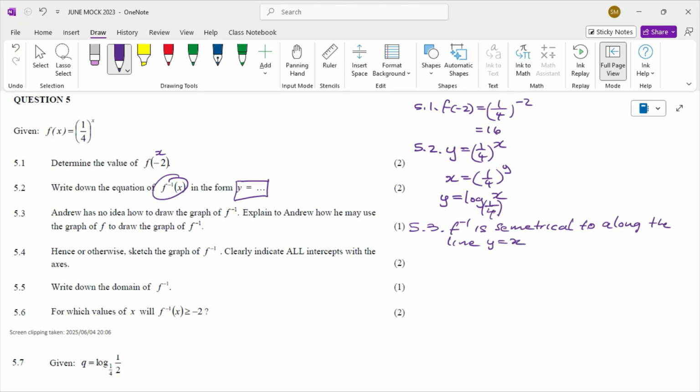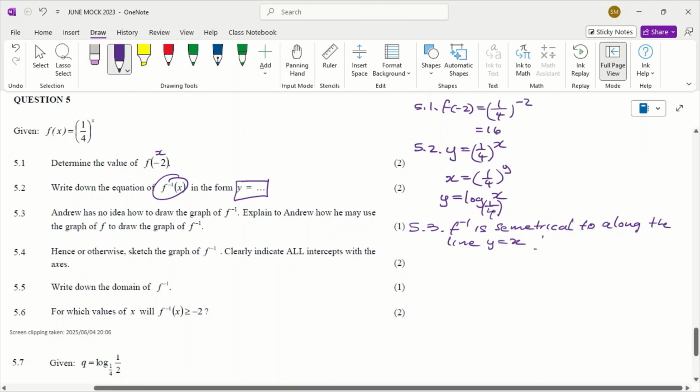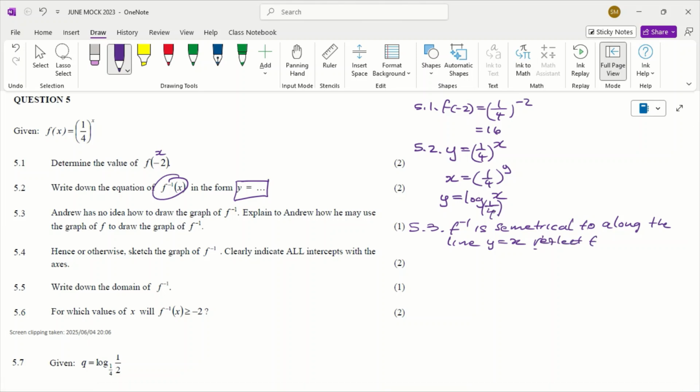So what Andrew needs to do is to reflect the graph of f along y is equal to x. Then question 5.4.